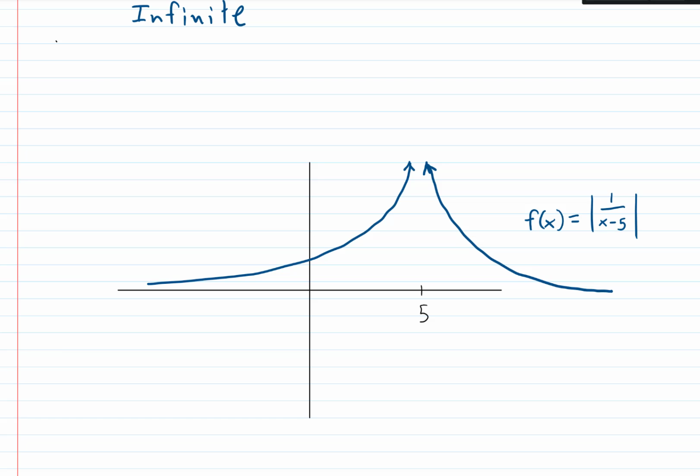Now, sometimes there's confusion here because some students will say, well, that's a rational function, so it's continuous. And other students will look at that and say, but there's an infinite discontinuity at 5. So who's correct? Well, the first student is correct. There's not a discontinuity at 5.